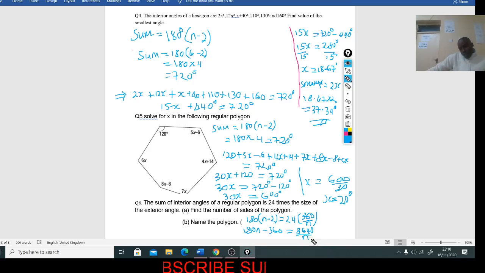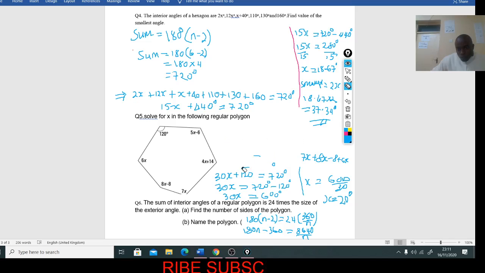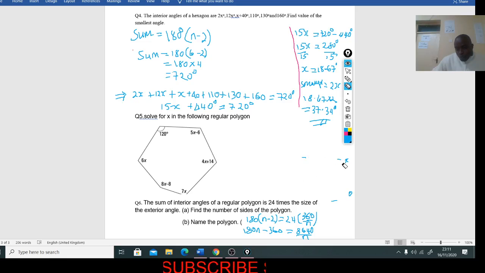Now I'll have to remove this n here. I multiply by n all through. Let me do it using a different color.